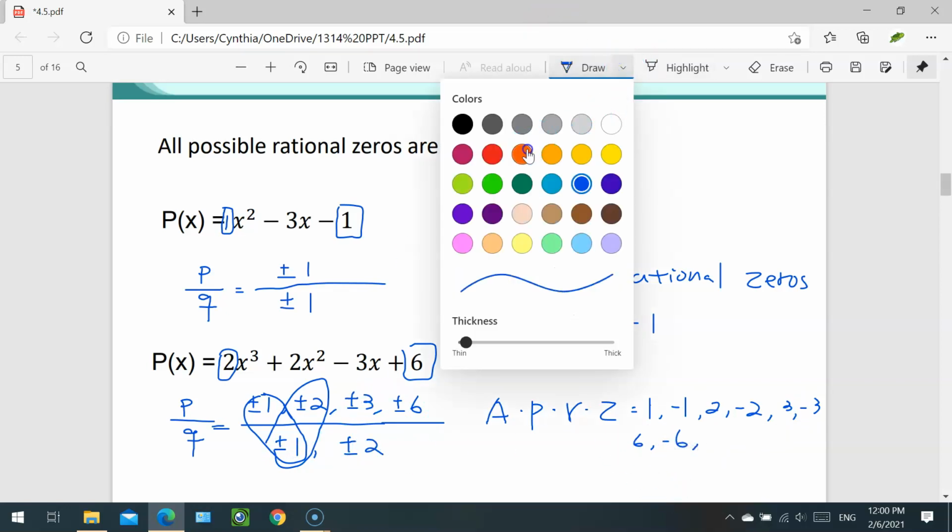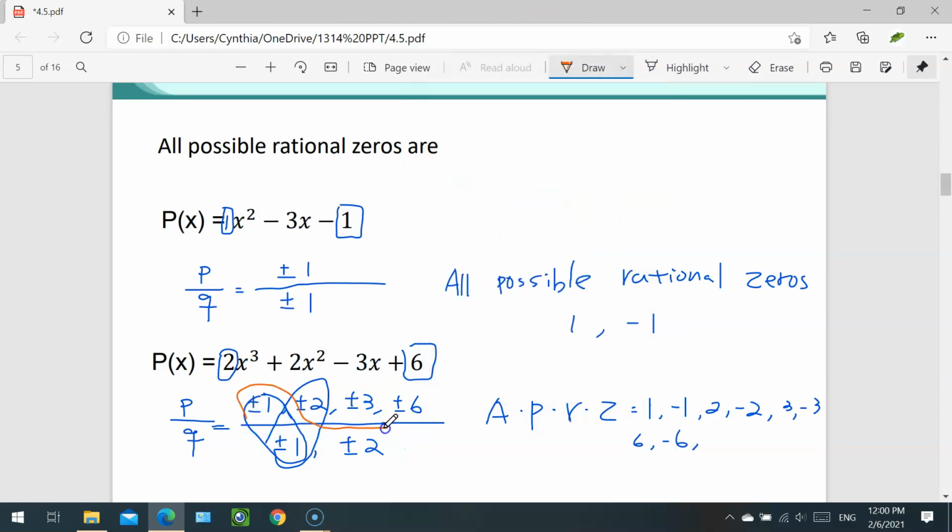Now we do the 1 and a 2. 1 divided by 2 is a half, so you have positive half and negative half. 2 divided by 2 is 1. 1 was already there, so you don't represent it twice. 3 divided by 2, you get 3 over 2 and negative 3 over 2. 6 divided by 2 is 3. 3 was already there, so we stop here. So all the possible rational zeros are all the numbers listed here.